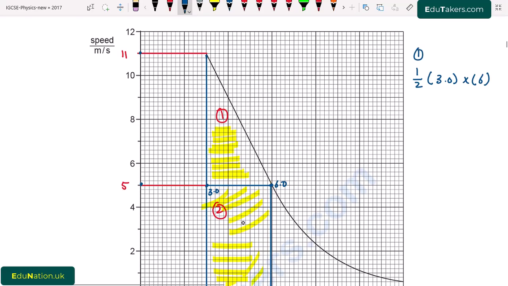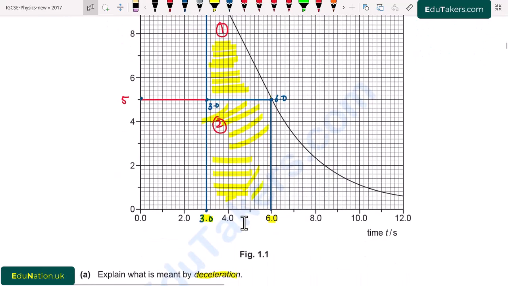We also have to find the area of second region. So it will be base multiply by height. In this case, the base is time, that is 3.0, multiply by height, that is 5 minus 0. So I multiply it with 5. This is for region 2.